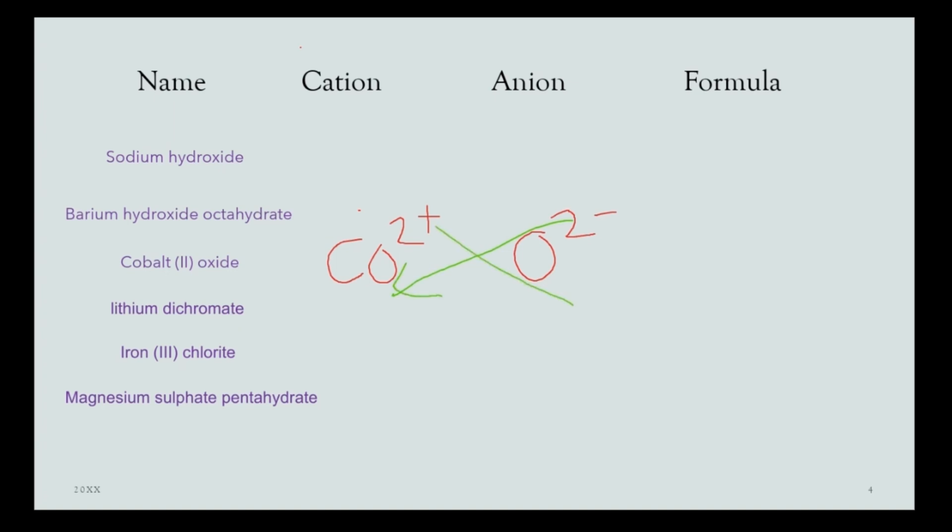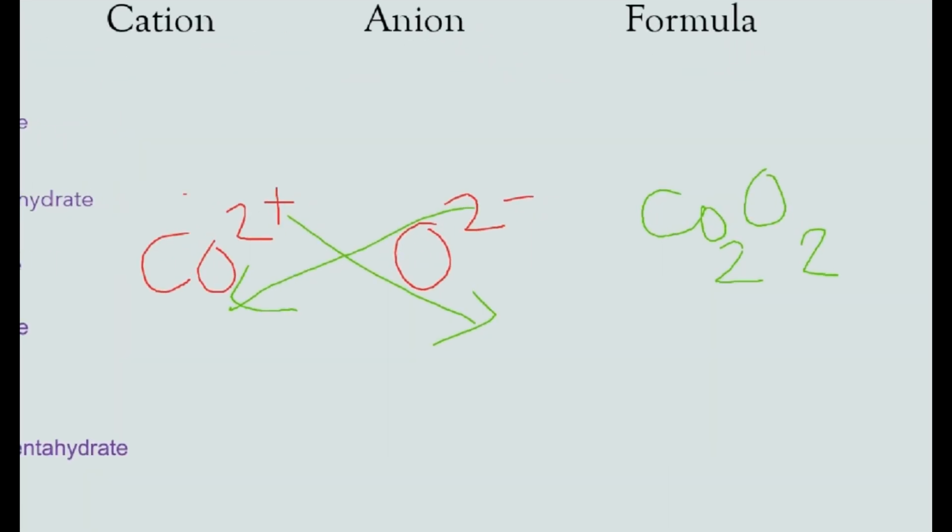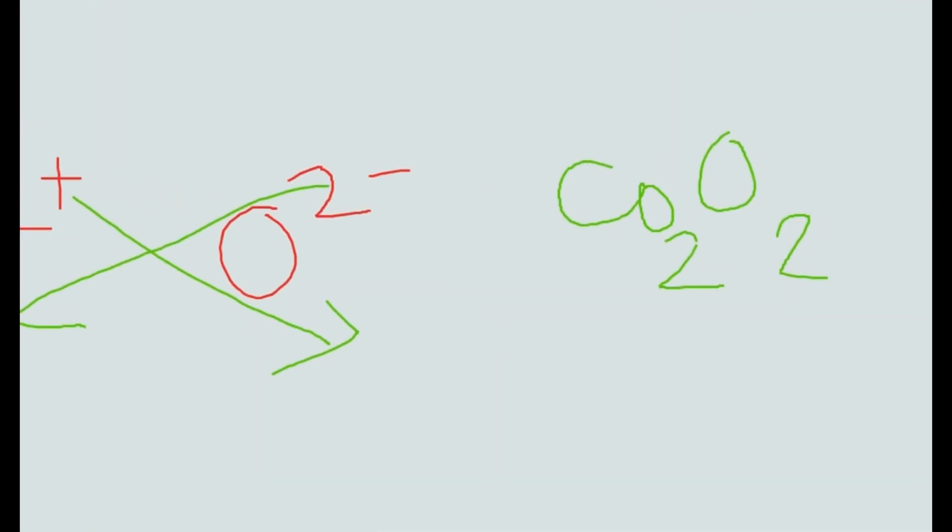After interchanging their charges we get Co2O2. But while writing chemical formulas, we have to make sure that we decrease the numbers to a level where they are not divisible anymore. That means we have to decrease it to the lowest number. So by cancelling both 2, we get 1 on each side.